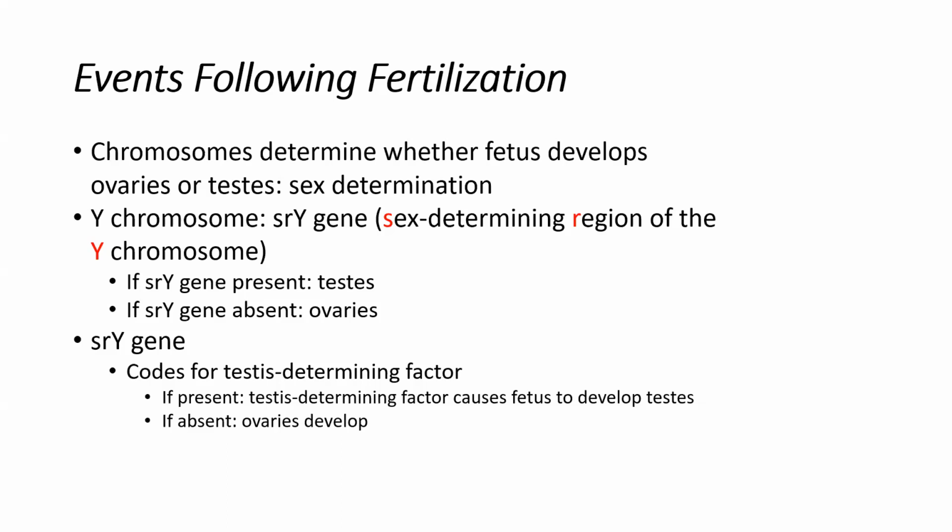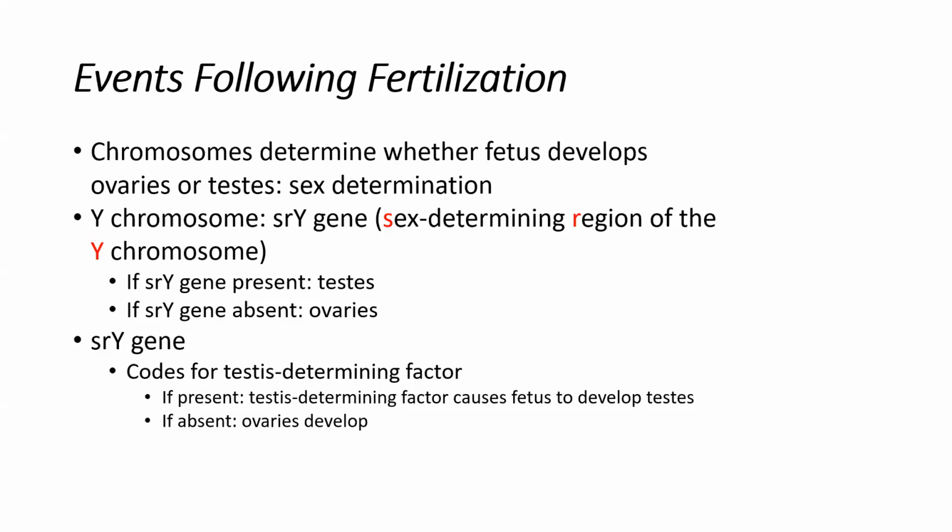Now, the area that's responsible for sex determination is on the Y chromosome. There's an area on the Y chromosome called the SRY gene, SRY standing for sex determining region of the Y chromosome. This area has genes that stimulate the development of male sexual hormones, but also male reproductive organs.